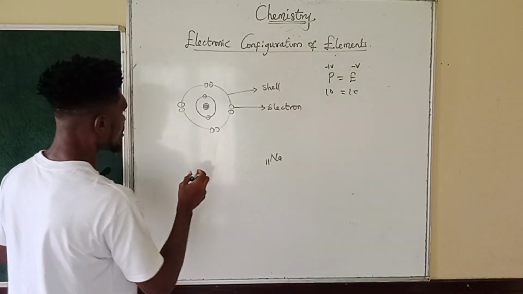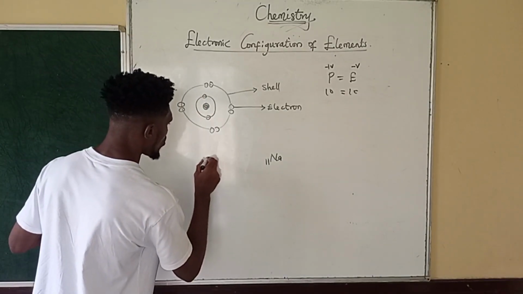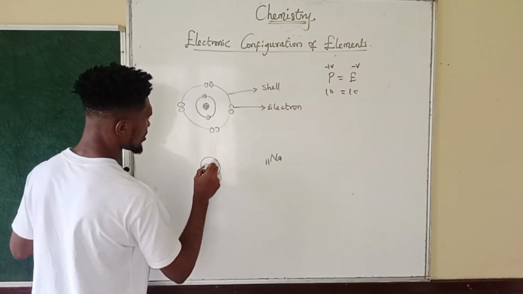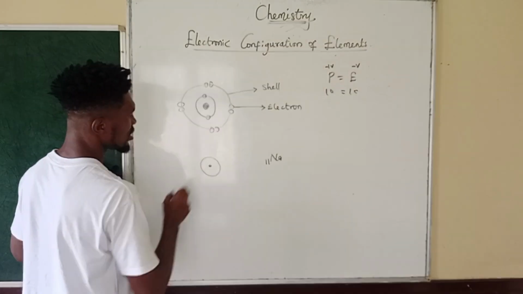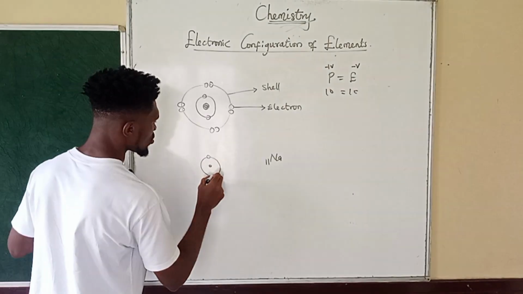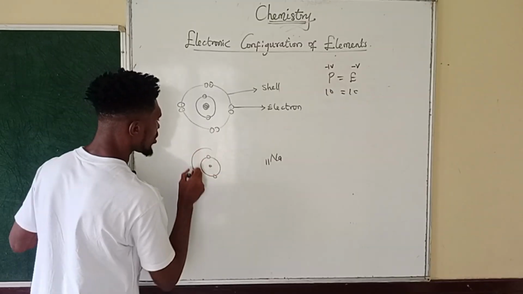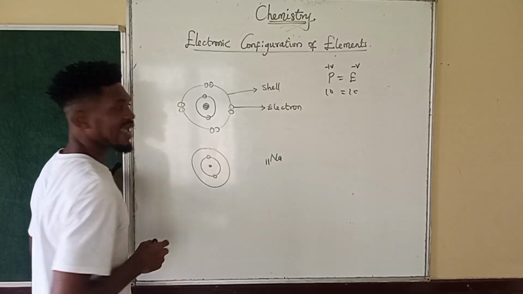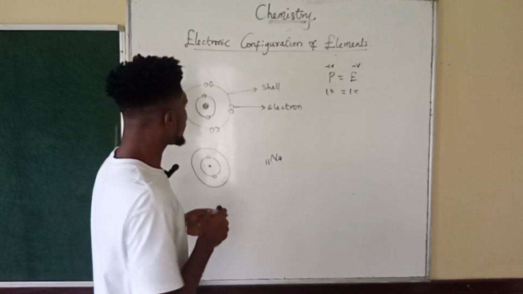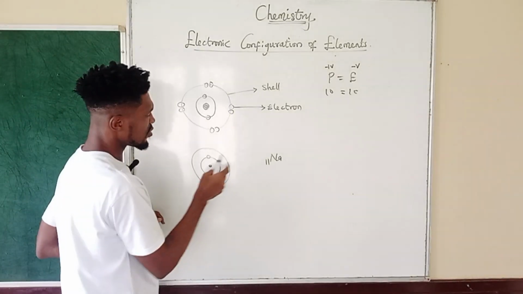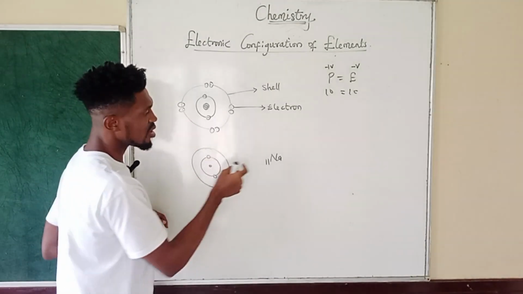Now, for sodium, we have the first shell, and then we have the dense center, which is the nucleus. The first shell accommodates 2, as I mentioned earlier. The second shell will accommodate a highest of 8. But then if we say 8 plus 2, is it more than 11? Of course, 8 plus 2 is 10. It's not up to 11 yet.